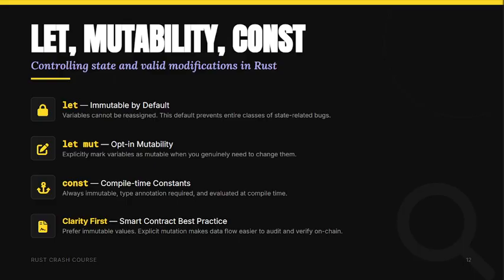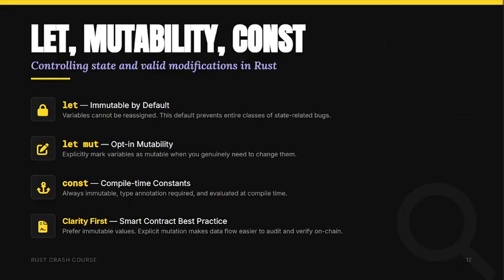And then we have let mut, opt-in mutability. When you do need a variable to change, you explicitly say so with let mut. This makes mutation visible and intentional. Anyone reading your code immediately knows this value is expected to change.